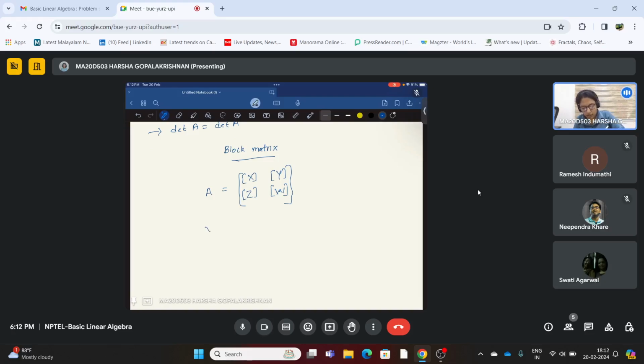Now suppose X is an m by n matrix. For simplicity, I will start with some examples. Suppose X is a 3 by 3 matrix.